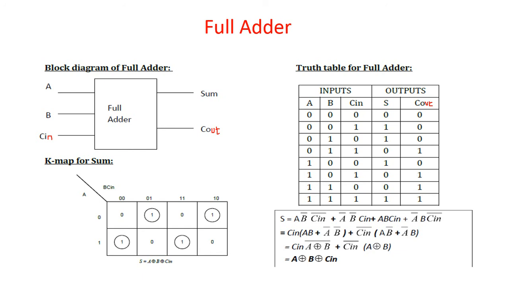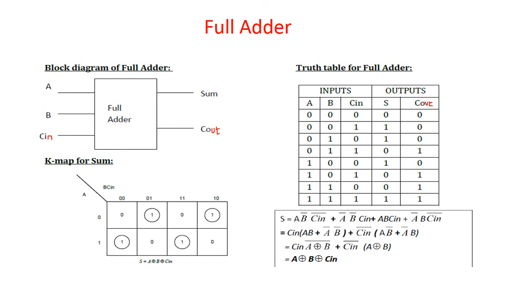So here again I need to simplify this one. Only single ones are possible to group. For this one it is A bar, B bar, C in, plus for this one A bar, B, C in bar. For this one A, B bar, C in.